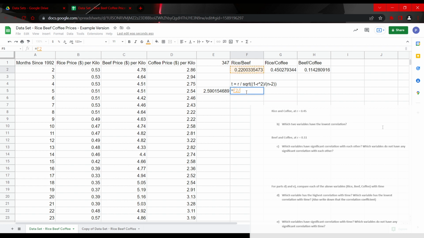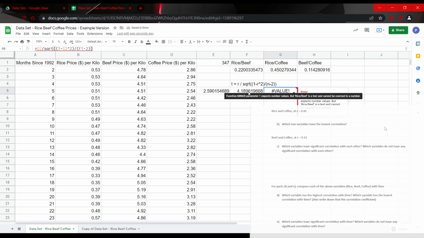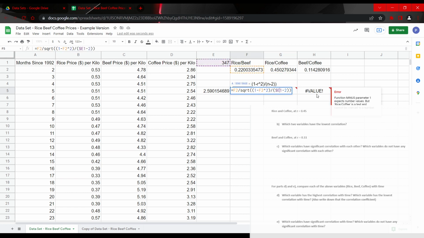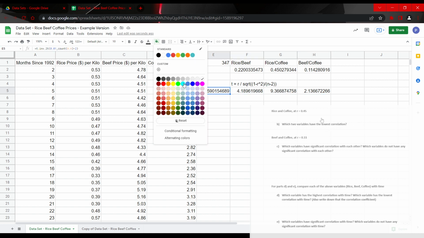So this number divided by the square root of 1 minus this number squared divided by this number up here minus 2. And so that'll give me 4.18. I'm going to just drag this. Right. Hang on. I don't want this number to change. So now I can drag that. Okay. So I now have my 3 numbers along with my critical value. Let me put this in blue.